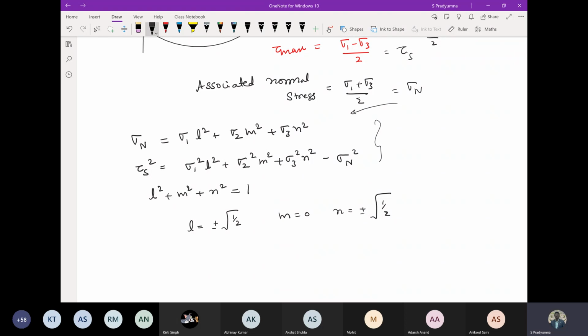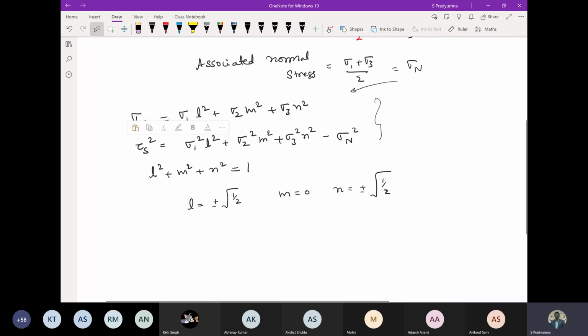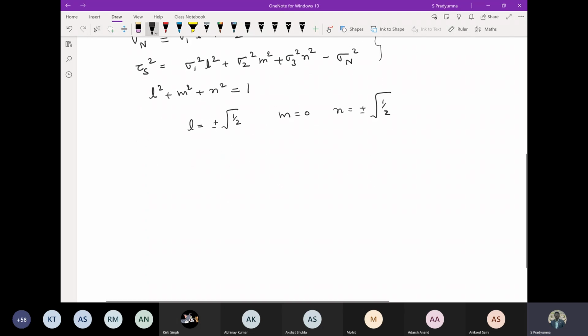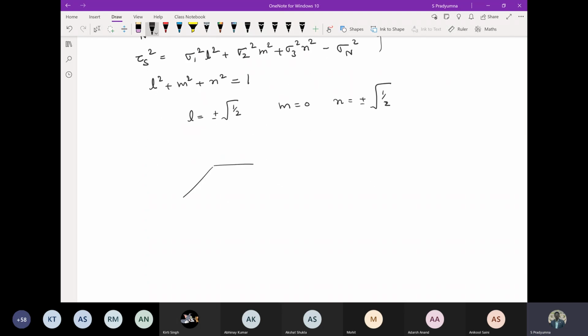These are the principal values. So corresponding to this, it has an inclination of 45 degrees or 135 degrees with respect to the principal plane. So I can show you graphically also.